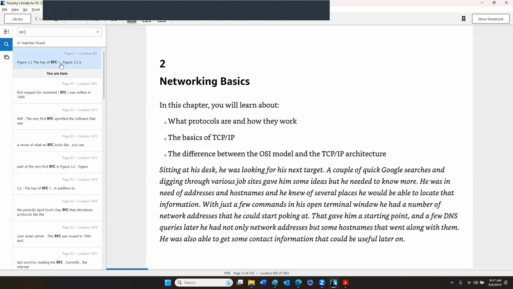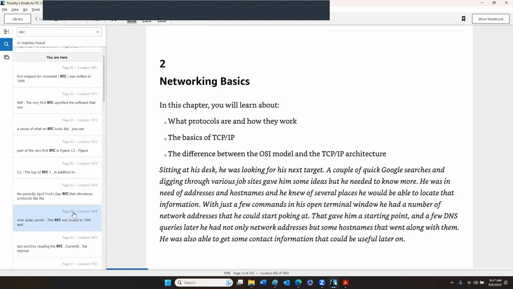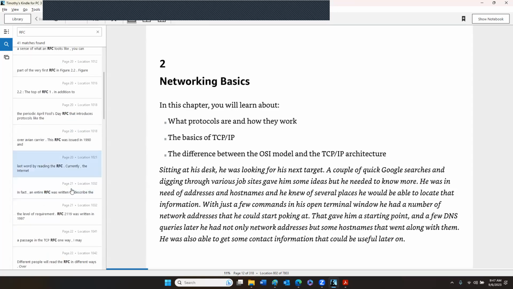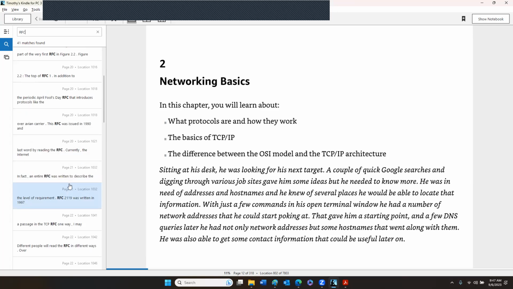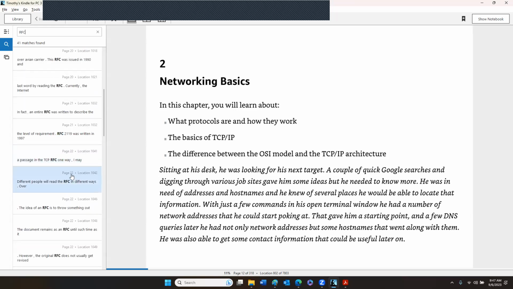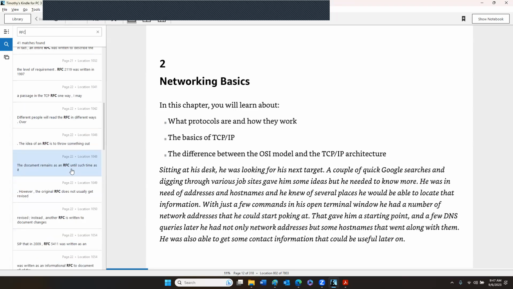That's an RFC number that is good to know. The first request for comment was written in 1969. RFC 1, 1990. Where are we? You're going to use the RFC to do research. So here's about SIP session.